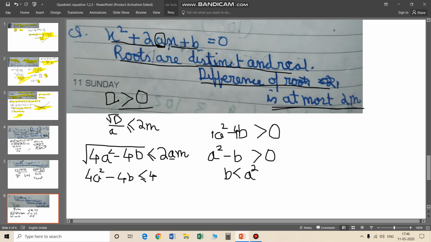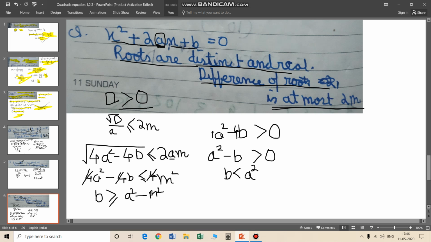This must be 4m square here. 4m square. 4 is cancelled from everywhere, and then b is found to be greater than or equal to, taking m to the other side, a square minus m square.